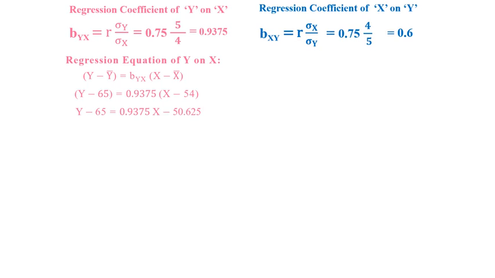Y minus 65 equals 0.9375x minus 54 into 0.9375, which will be minus 50.625. Take minus 65 to the right hand side like this. So 0.9375x, write as it is. So here plus 65 and minus 50.625 is there.